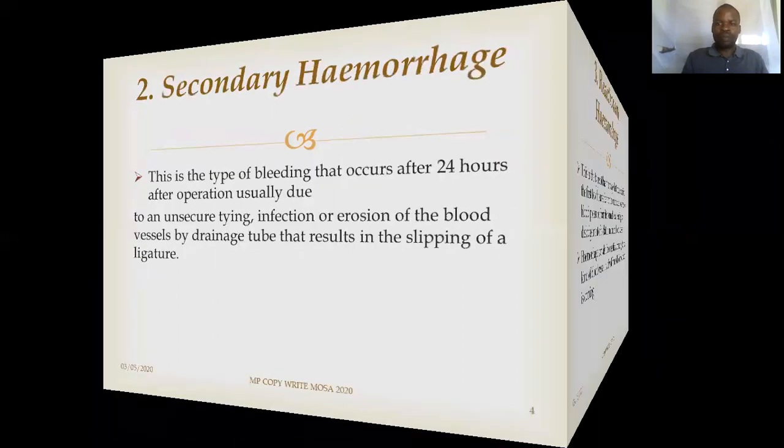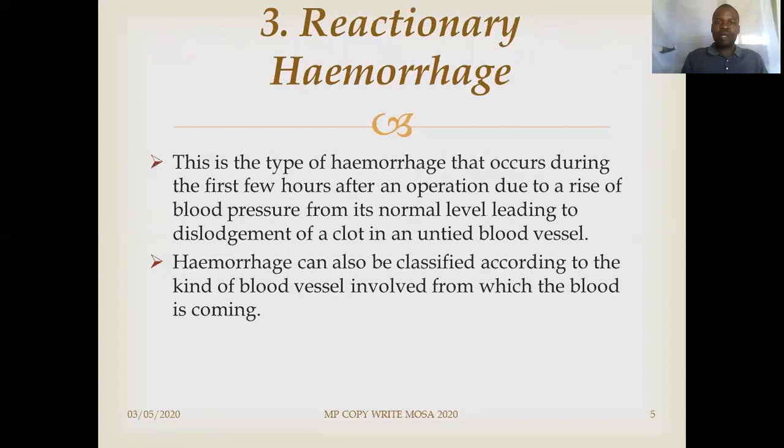The third type of hemorrhage is reactionary hemorrhage. This is the type of hemorrhage that occurs during the first few hours after an operation due to the rise of blood pressure from its normal level, dislodgement of the clot, and slipping of ligatures from blood vessels.